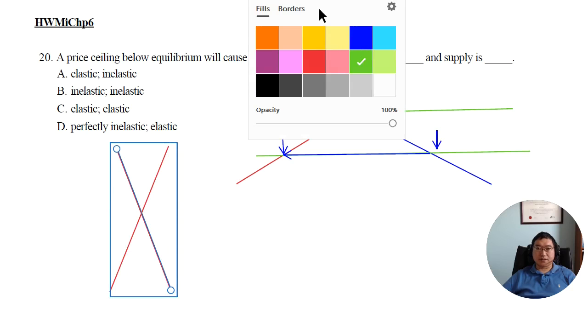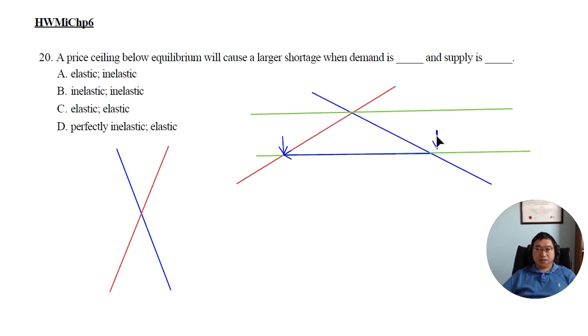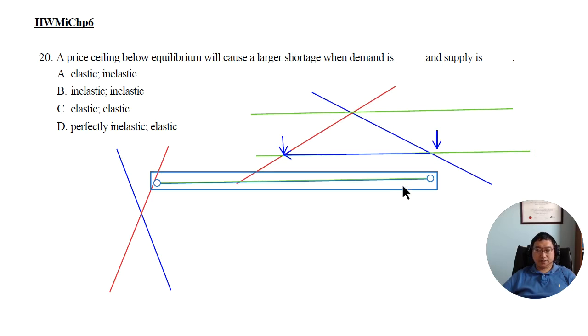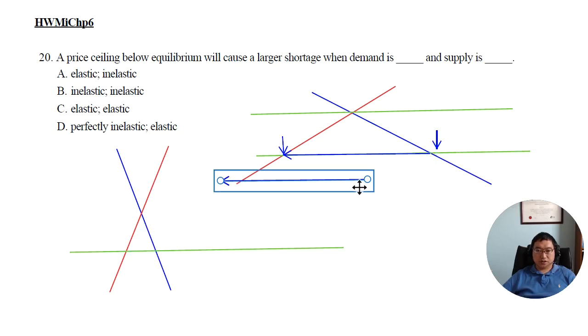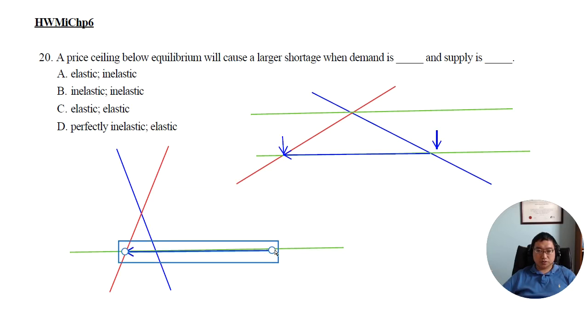Need to get my demand curve back to blue. And then if I have a price drop, look at this shortage. The shortage is much smaller. The shortage is much smaller.